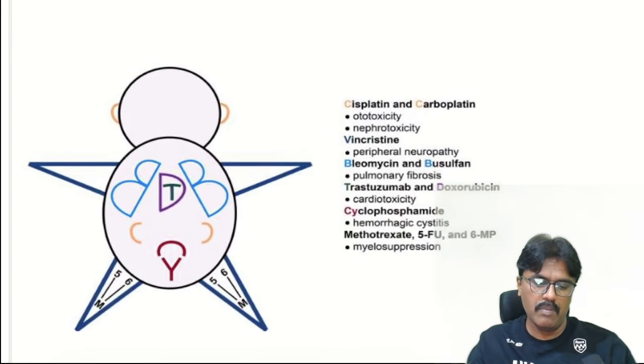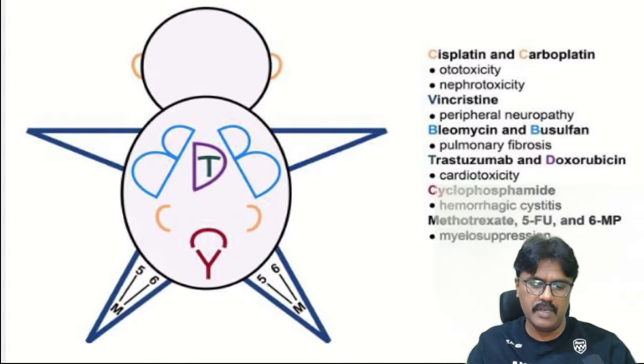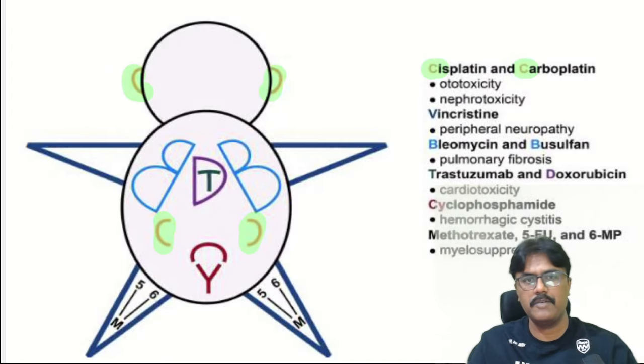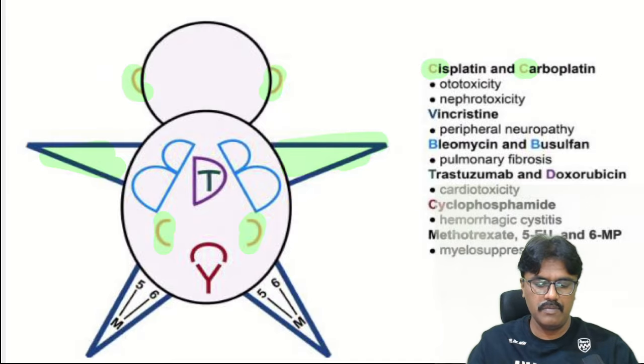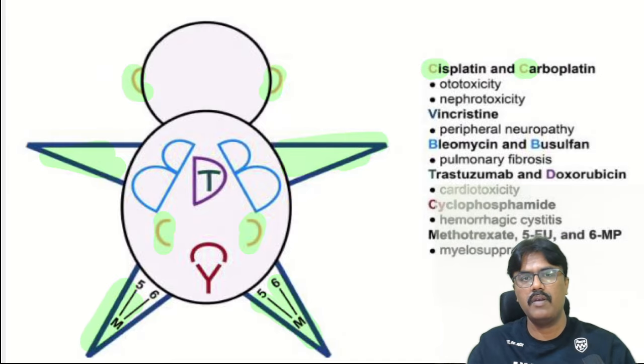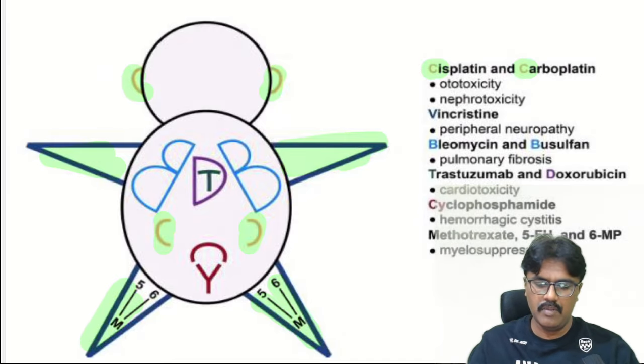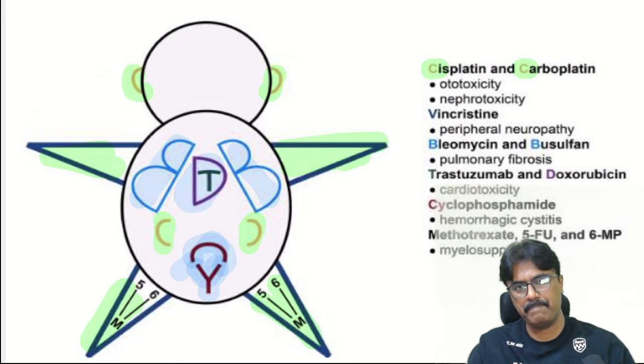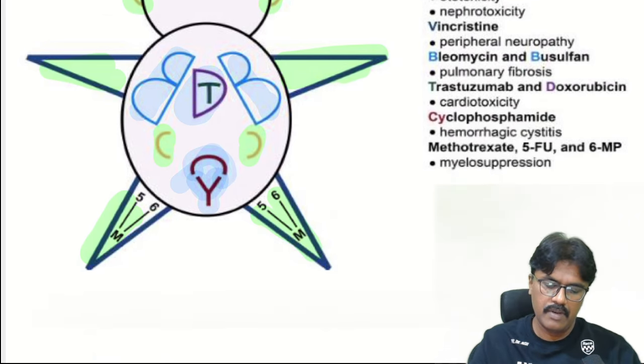And this is the chemo summary, which gives the common adverse effects of anti-cancer drugs. Remember this: cisplatin, carboplatin, they cause ototoxicity and nephrotoxicity. Then vincristine, vinca alkaloids, they cause peripheral neuropathy. The bleomycin and busulfan, they cause lung fibrosis. The daunorubicin, doxorubicin, trastuzumab, they cause cardiotoxicity. Cyclophosphamide causes hemorrhagic cystitis. Now, can we prevent hemorrhagic cystitis?